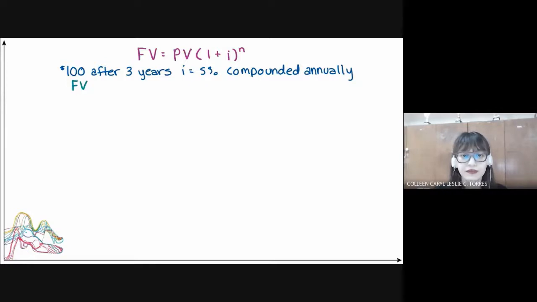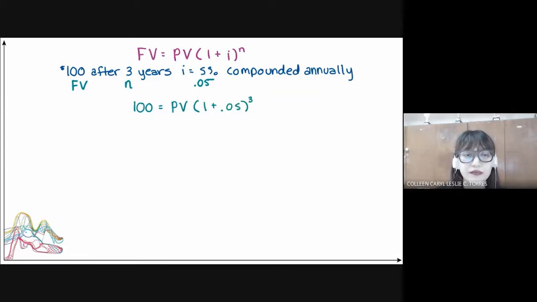Our interest rate is our i, of course. Remember that we want to put our interest rate in as 0.05 rather than 5. And because we're compounding annually and looking at a 3-year time horizon, we know that our n is 3. If we plug this all into our formula, we see that 100 is equal to our present value times 1 plus 0.05 to the third power.